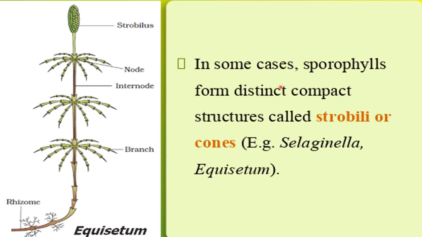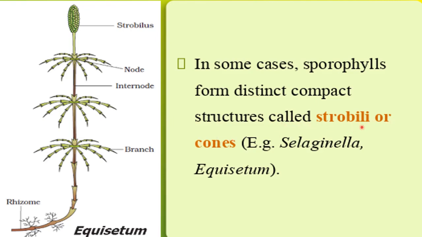After that, in some cases, sporophylls form distinct compact structures. The sporophylls are the leaf-like appendages which subtend the sporangium. So those sporophylls can form a compact structure in some cases, and that structure made by the sporophylls is called strobili or cones.